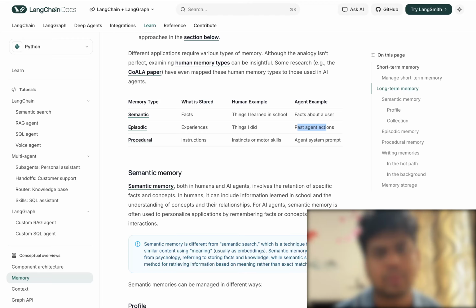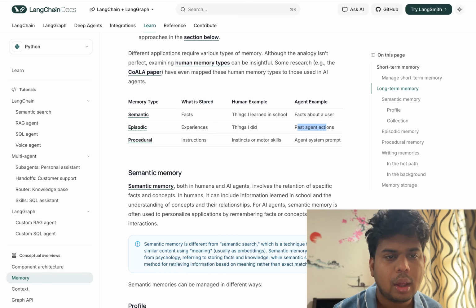This is just a simple example, but this can be anything. That is an experience that you learned. Whenever you gave a particular answer and the user prefers the answer to be in some other format, you can store it as an experience in episodic memory.